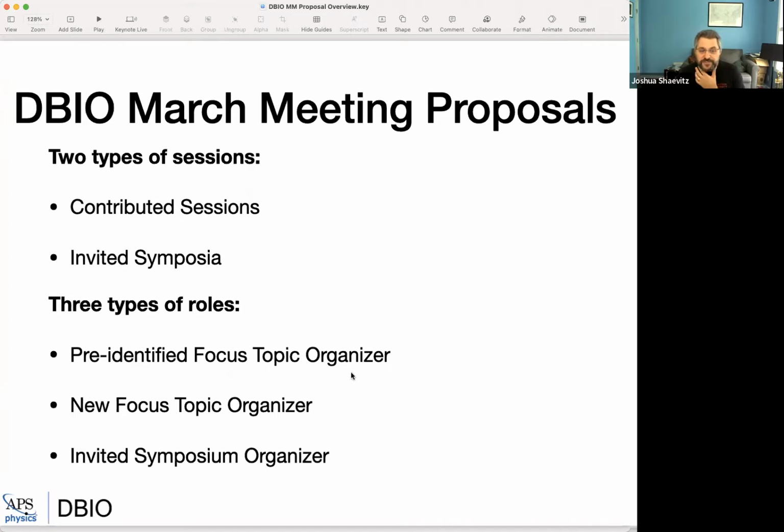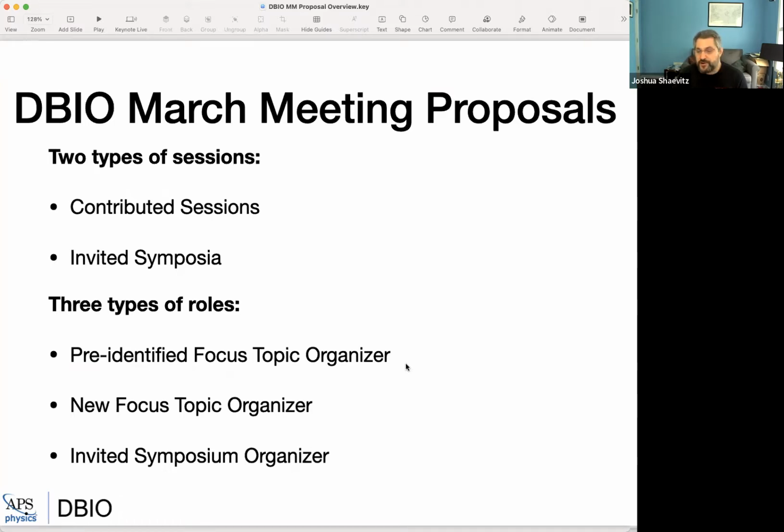Okay, so there are 3 roles that organizers, volunteers like you, can contribute to. For the labeled sessions, the focus topics that were successful last year in the sense that they had many submissions and many abstracts at the meeting, we've chosen the top 25, and those will automatically be sorting categories, which presumably will become session topics at the March meeting.